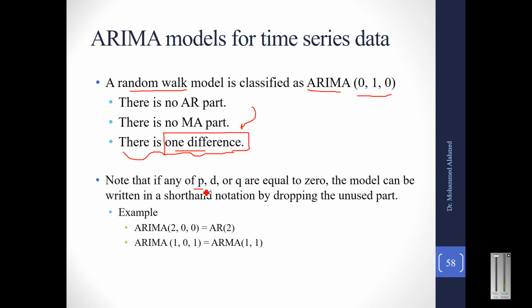Now it says to note that P, D, and Q. So how to remember this P, D, and Q? If they are equal to 0, the model can be written in a shorthand form. ARIMA comprises P, D, and Q. P corresponds to the AR part, right? Q corresponds to the MA part. So how do you remember this?